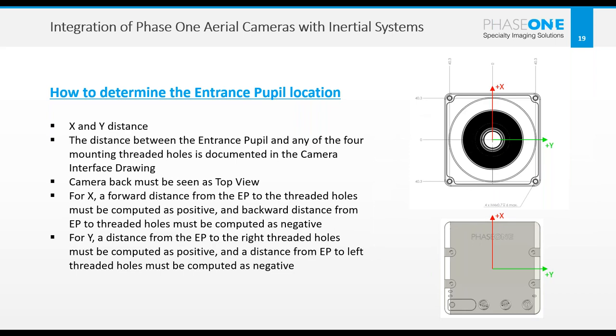The same happens for the X and Y values. The distance from the entrance pupil can be served by the location of the mounting threaded holes.